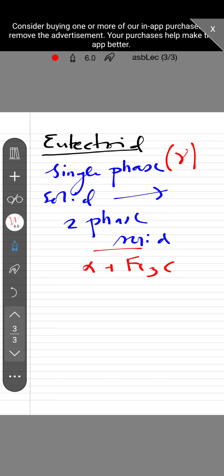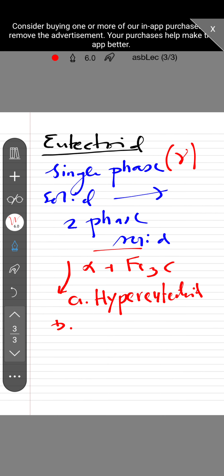This is called the eutectoid transformation. There are two classifications of eutectoid systems. The first is known as hypoeutectoid and the second is hypereutectoid.